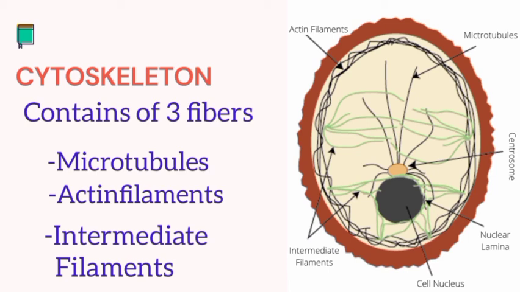The microtubules' purpose is to provide structural support and transportation service to the cell. So, the vesicles can move from one part of the cell to another by means of microtubules. The microfilaments are involved in elongation and contraction, so they assist the cell to move.